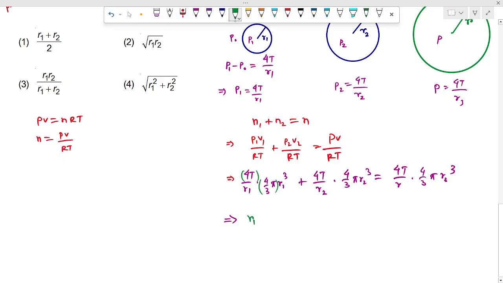We are left with R1 square plus R2 square equals R square, and we need the value of R, which equals the square root of R1 square plus R2 square. So the correct answer is option 4. I hope the topic is clear. Thank you.